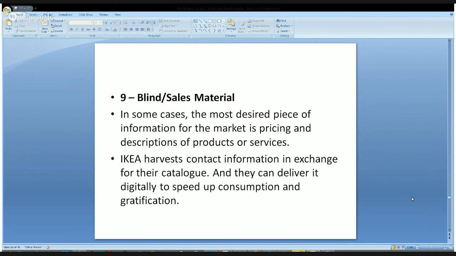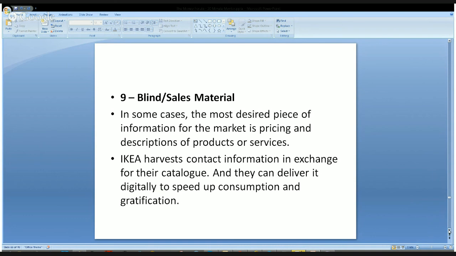That's all they're offering. They deliver it digitally to speed up consumption, and it's instant gratification. They get a lot of people opting in, and they gather that contact information. So it can be sales material that people think is useful to them.